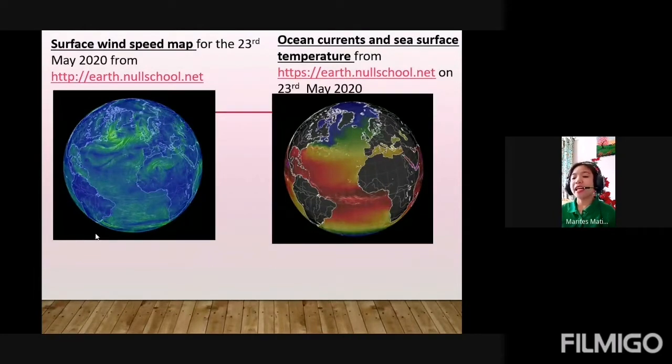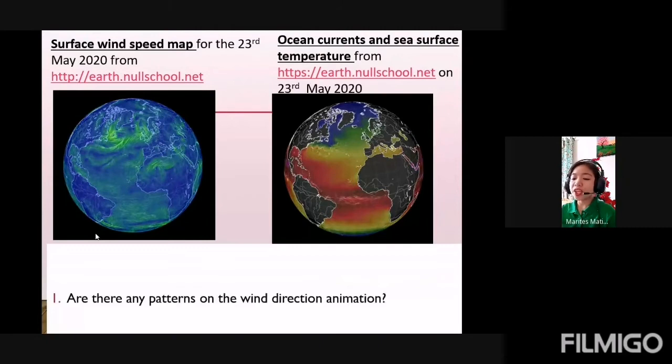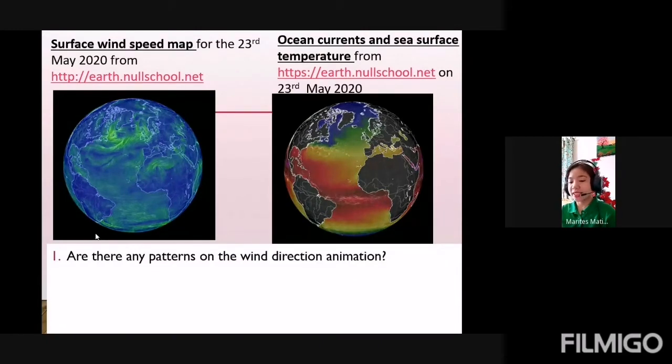Nandyan yung link kung gusto nyong makita. And on the right side, we have the ocean currents and sea surface temperature on the same day, May 23, 2020. So here are the questions.